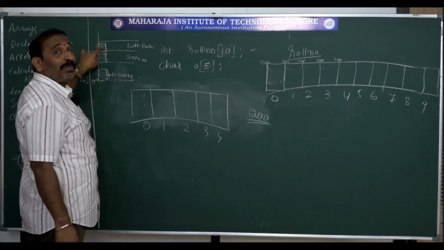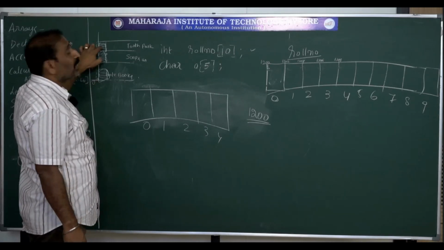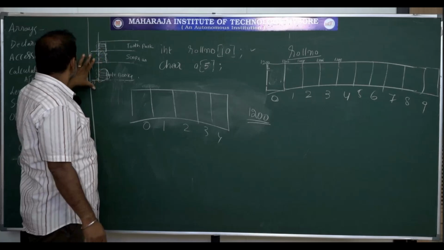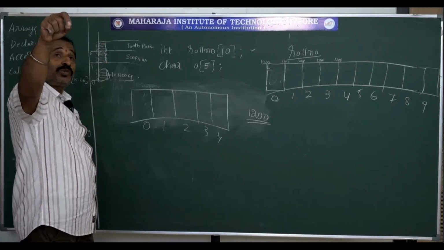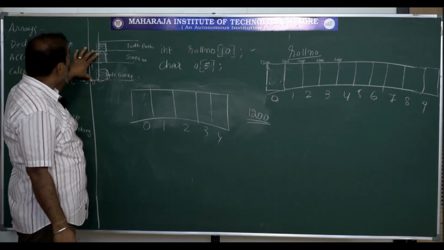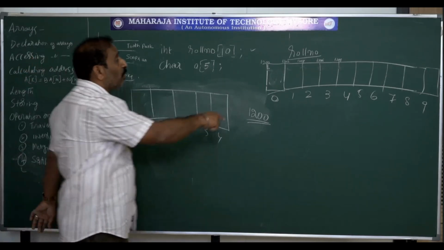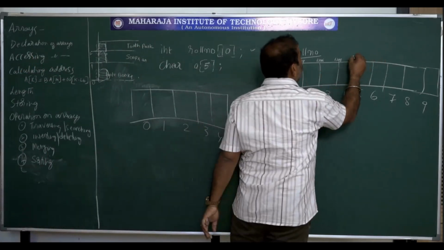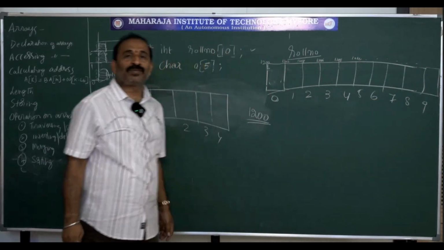The second toothpaste box is kept at this second floor first element. Similarly, where is the third toothpaste box? Third toothpaste box is kept at second floor index 2, like this. So you have to keep on going like this. 1210, it goes on like this, 20 bytes.